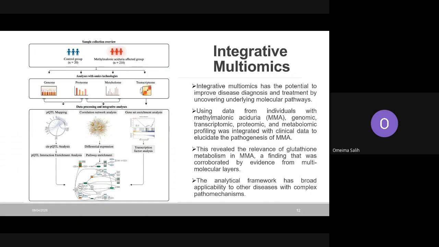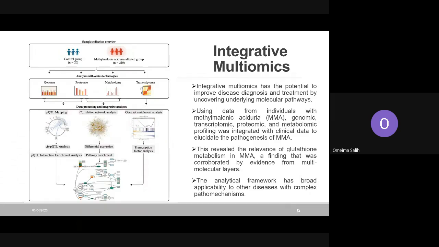So integrative multi-omics has the potential to improve disease diagnosis and treatment by uncovering underlying molecular pathways. Because you are studying from the genome level, as here in the study: genome, proteome, metabolome, and transcriptome. All these data are integrated into one analysis setup of data sets, to give more insight.